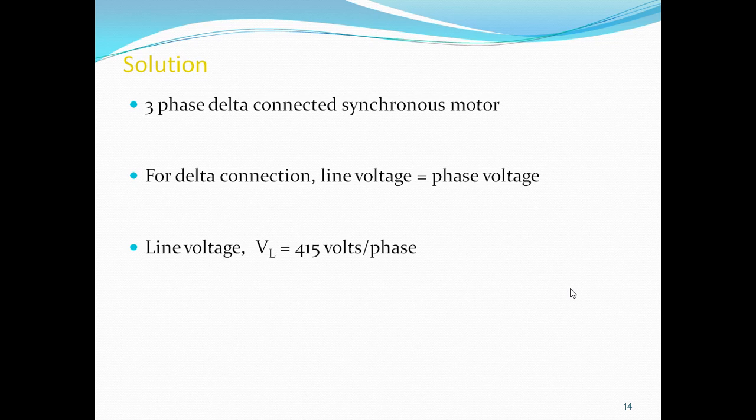So VPH also is 415 volts per phase only, and the induced EMF, back EMF, is also 520, and both line and phase values are the same, 520 only.